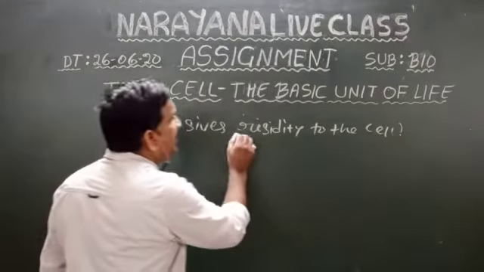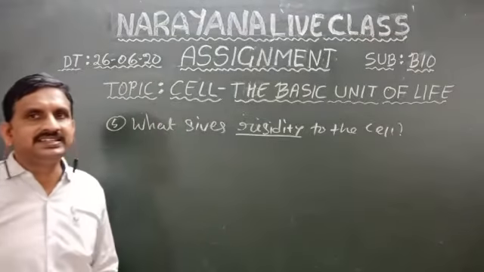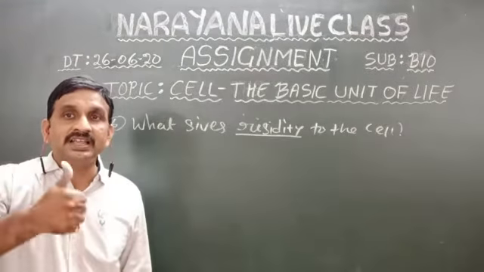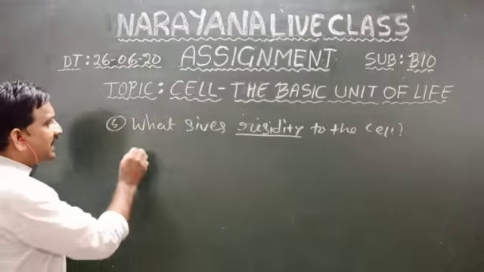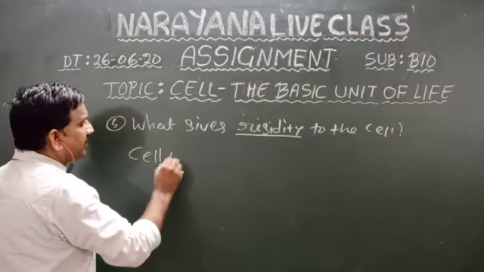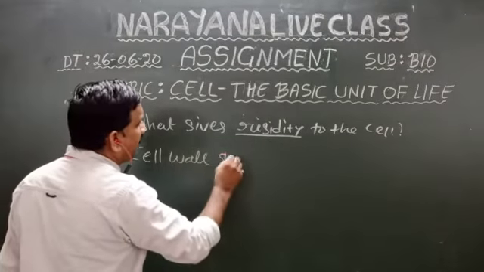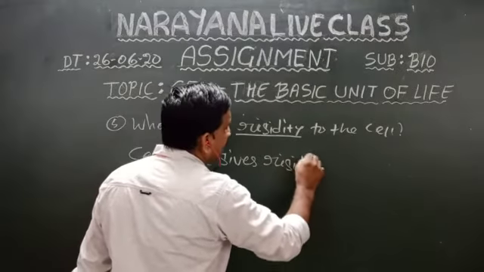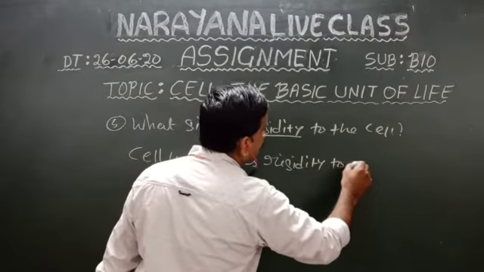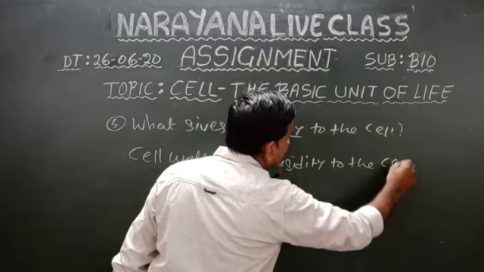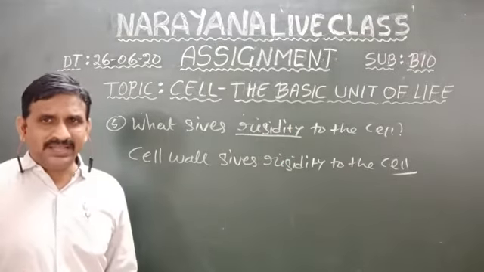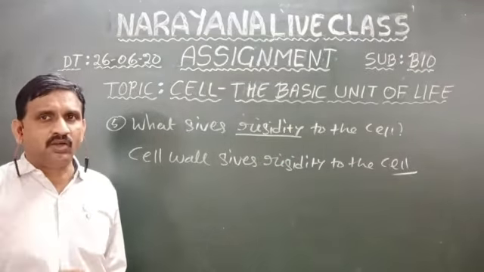Here the word rigidity. What is rigidity? Rigidity means stiffness. Here the cell wall gives rigidity to the cell. And cell wall is mainly present in the plant cell only.